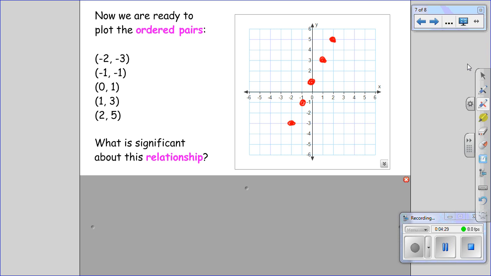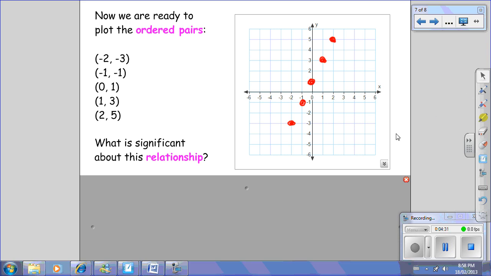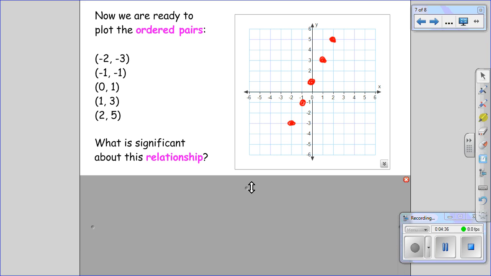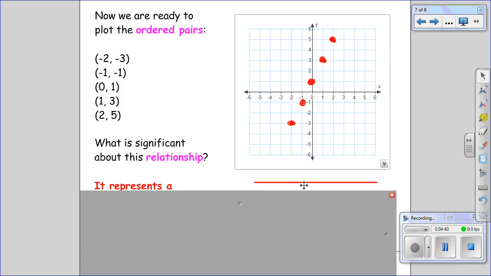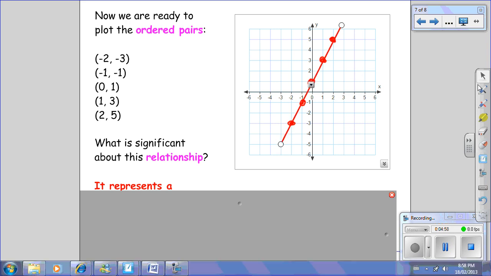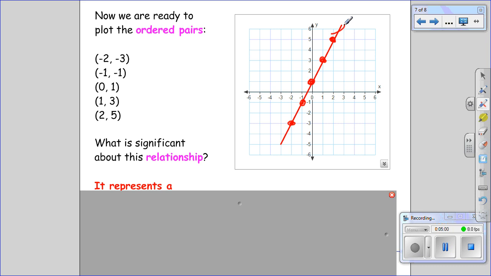If I look at those ordered pairs, they appear to have an increasing positive relationship. It looks like a strong correlation. And in fact, if I try to draw a line through my ordered pairs, I will see that I really have a perfect positive correlation, which doesn't happen very often.